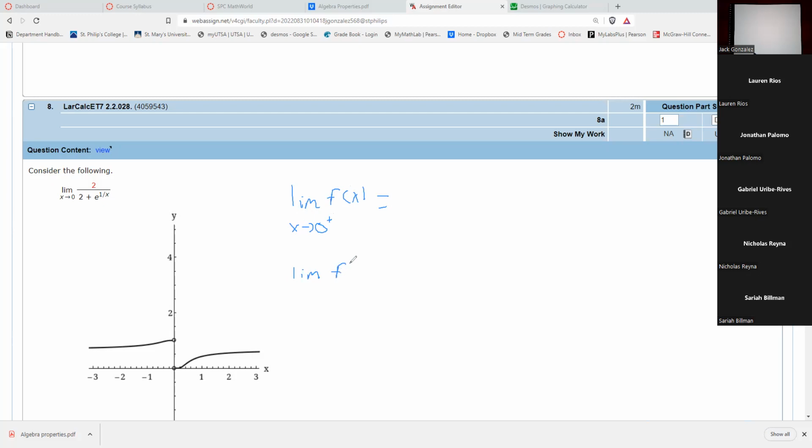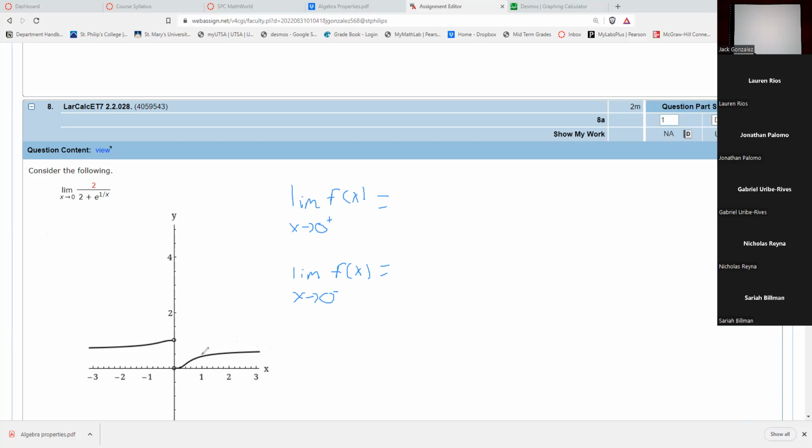Approach 0 from the left. You don't see it.